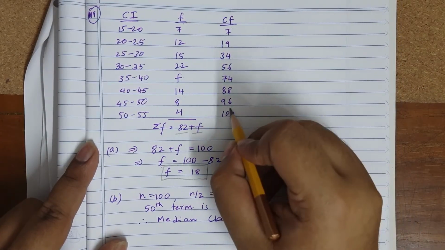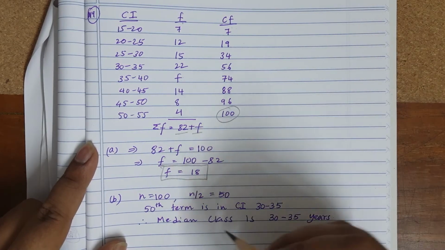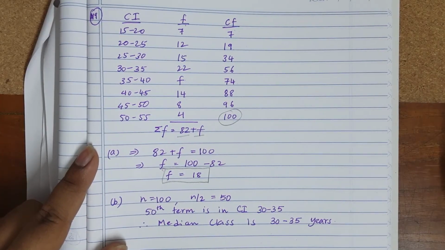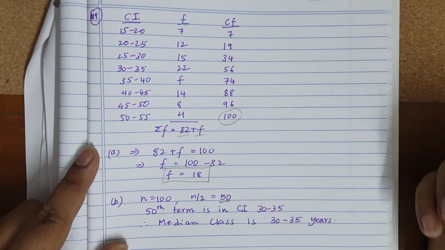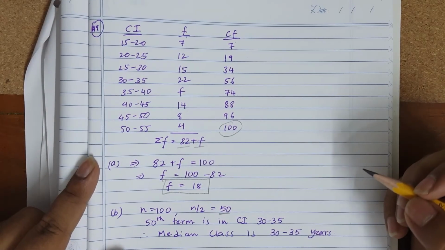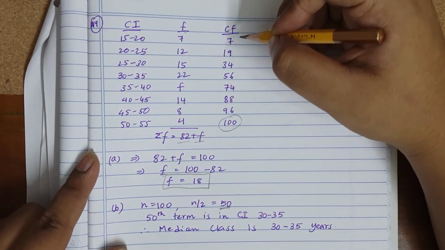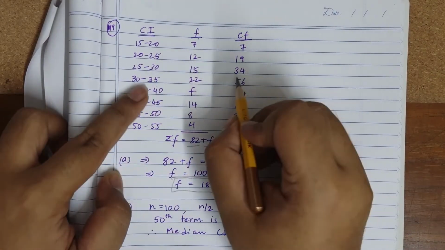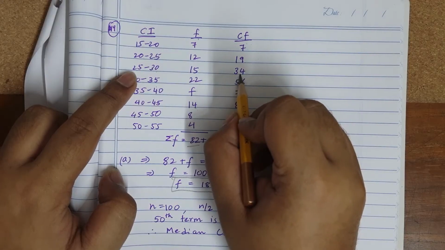The total number of policy holders is 100. Total frequency is 100. So the median will be in the middlemost data, the 50th term, the n by 2 value. The 50th term will be located in class interval 30 to 35, because till 25 to 30 I had 34.